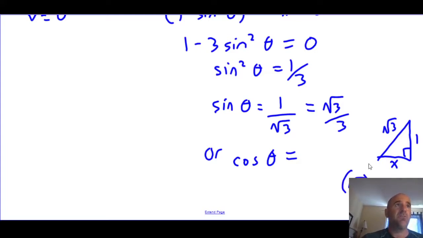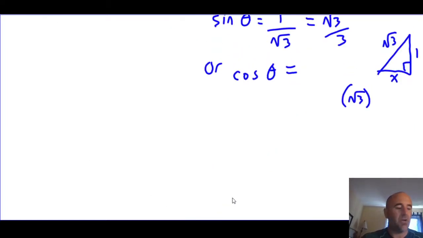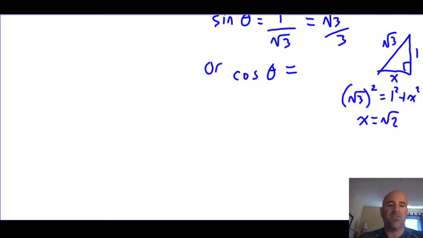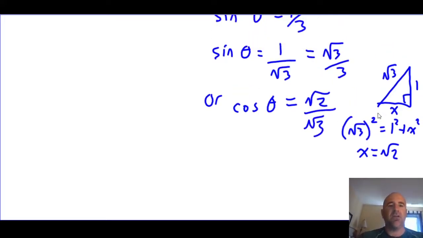Root 3 squared equals 1 squared plus x squared. That's 3 minus 1, so x would be root 2. So cos theta is actually equal to root 2 over root 3. Just like that.